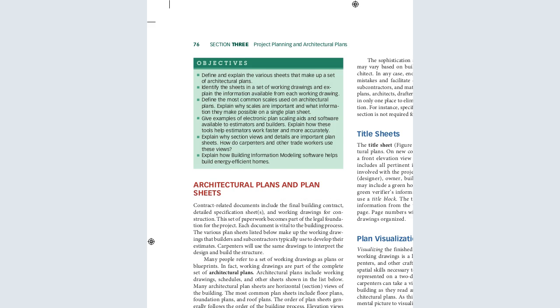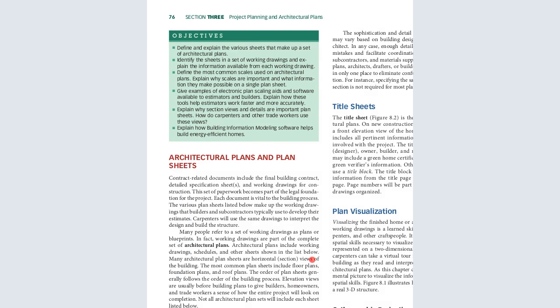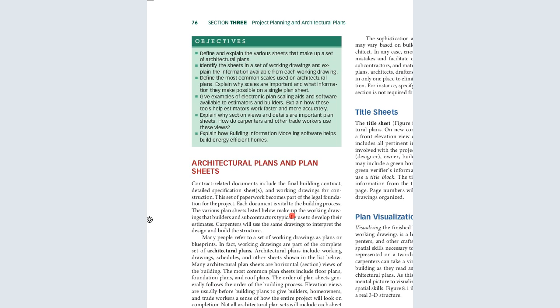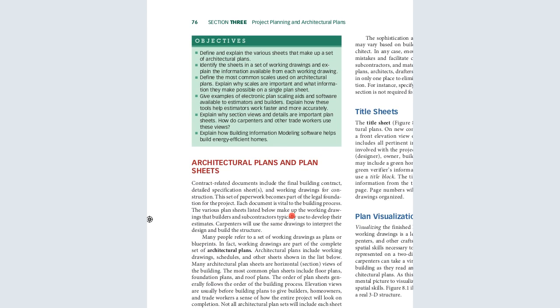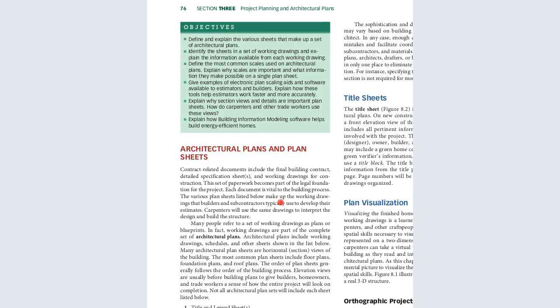So our main thing today will be understanding architectural plans and what is on the plan. What does it mean? What does this represent? The objective here is to define and explain the various sheets that make up the set of architectural plans, identify the sheets in the set of working drawings, and explain the information available from each working drawing.